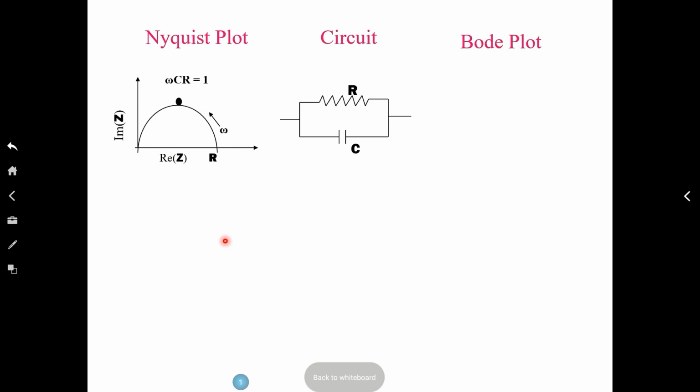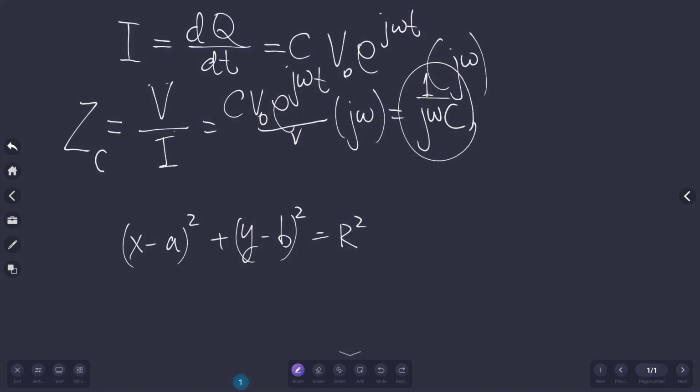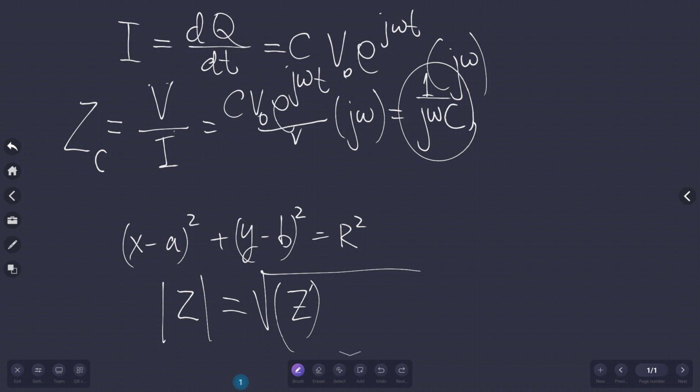And there is something called the Bode plot, by the name of Bode. So, anyway, if you plot, on the other hand, the modulus of the impedance, the Z modulus is defined as the square root of the real part of the impedance, Z prime squared, plus Z double prime squared.